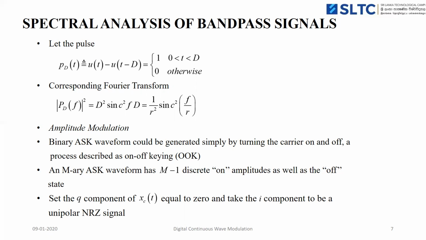The quadrature component is useful to estimate other parameters of the received signal, like the carrier phase and carrier frequency. The information will be extracted from the in-phase component, so we are not considering the Q component in the received signal.